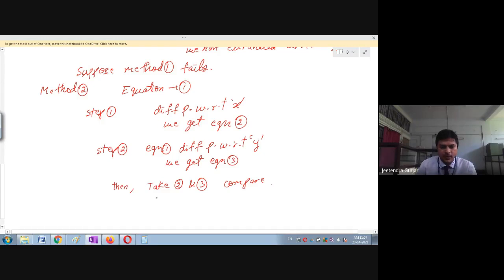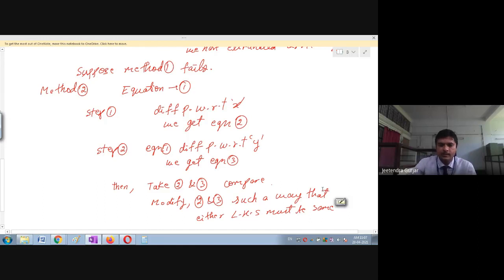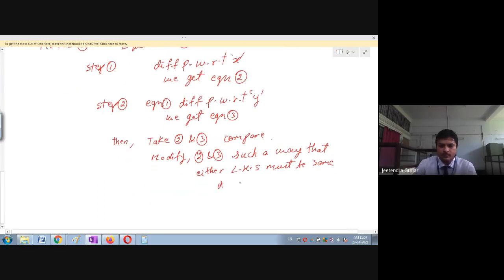Here you modify equations 2 and 3 in such a way that either the LHS must be the same or the RHS must be the same.